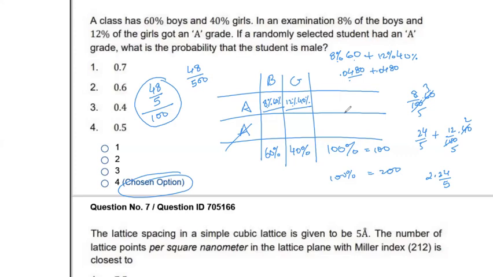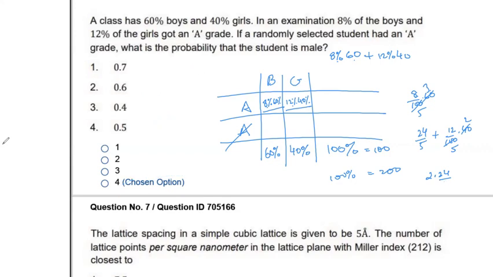If a randomly selected student had an A grade, what is the probability that the student is male? Ah, my bad. So this total, my bad. I'll just go back. They're asking not how many students had A grade, they're asking how many students who had A grade were male.